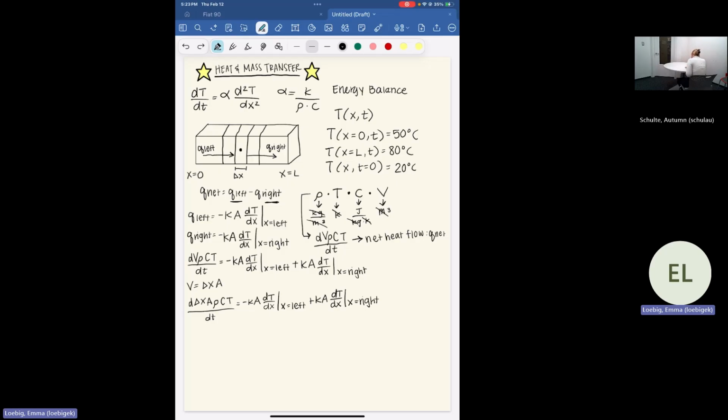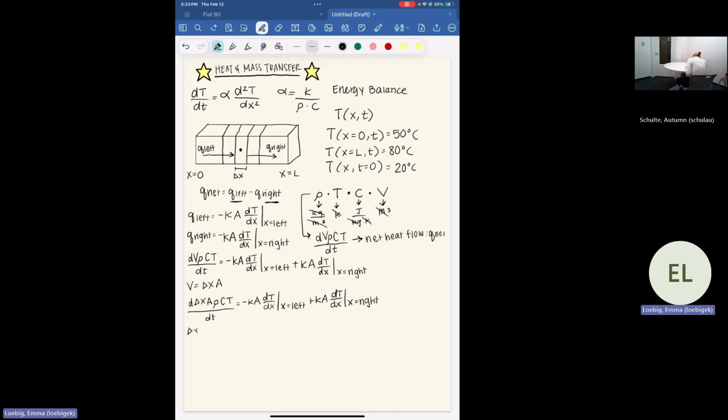We can simplify this doing a few things. We can take out our delta x, A, rho, and C variables out of our derivative because those are fixed values and do not change with time. We can also take out our K and A from the right. So let's do that.